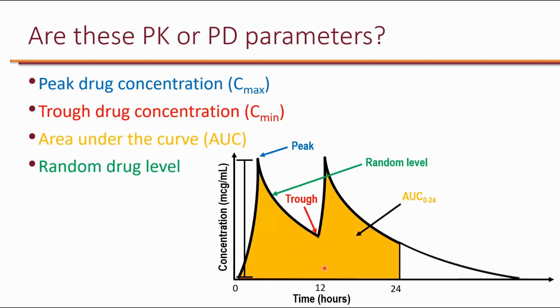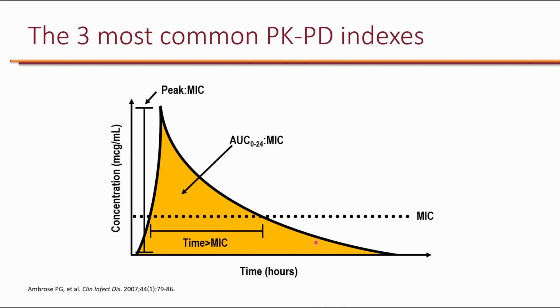It doesn't necessarily tell you anything about the pharmacodynamics of the drug, because it doesn't really tell you anything about the organism, and we need to know something about the organism. And what we need to know about the organism is the MIC, or the minimum inhibitory concentration. We can combine these pharmacokinetic parameters with MIC to get PK/PD indices.